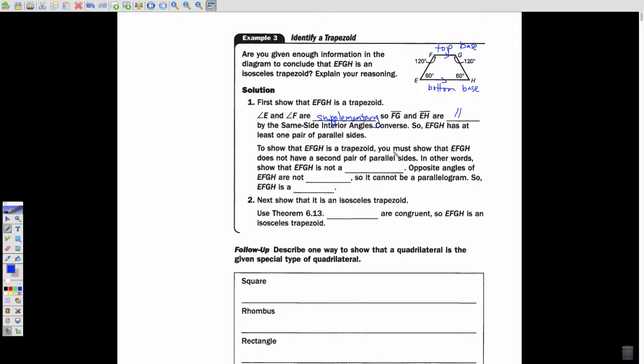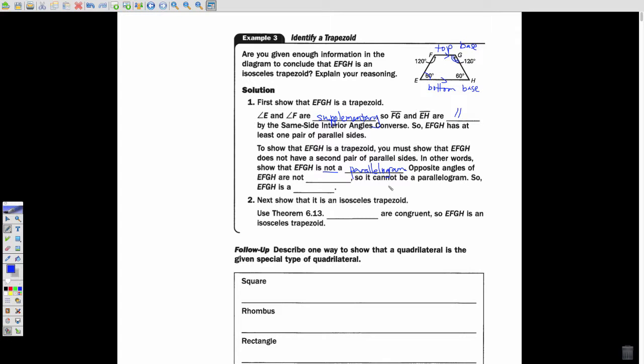Now, to show that this is a trapezoid, we must also show that the other pair, FE and GH, are not parallel, right? That is basically saying that we have to prove that EFGH is not a parallelogram. Notice that angle E is 60 degrees and angle G is 120.